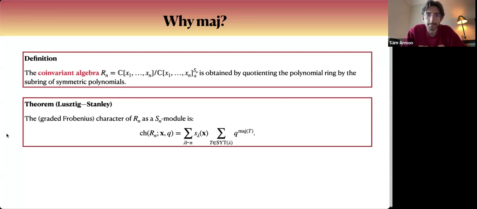All right, the graded Frobenius character of the coinvariant algebra is given as this sum over Schur functions weighted by the major index statistic.